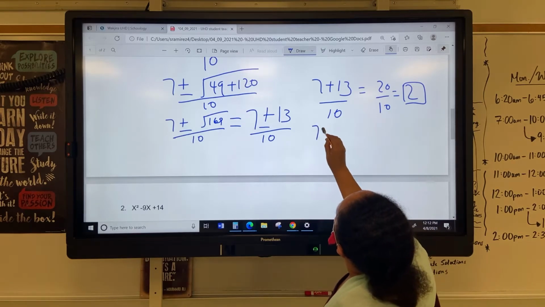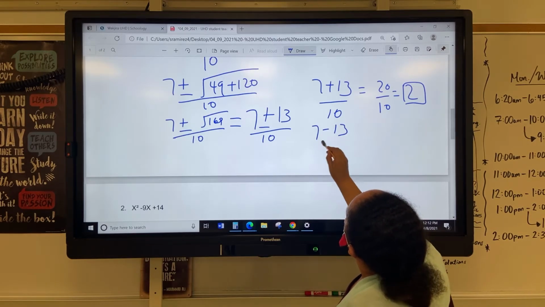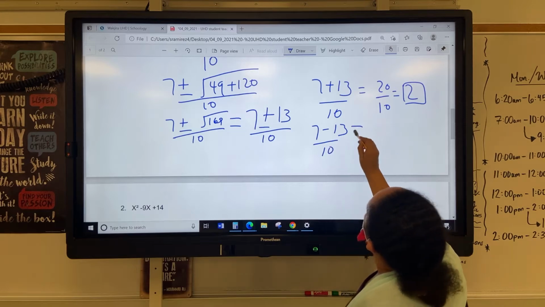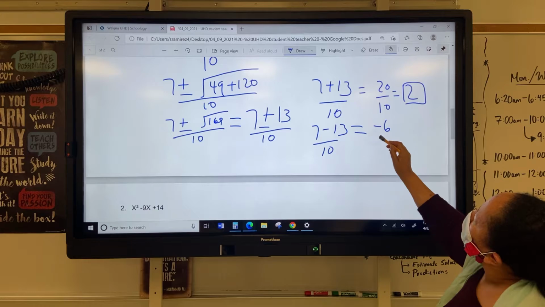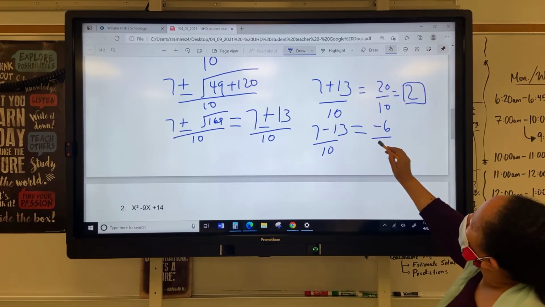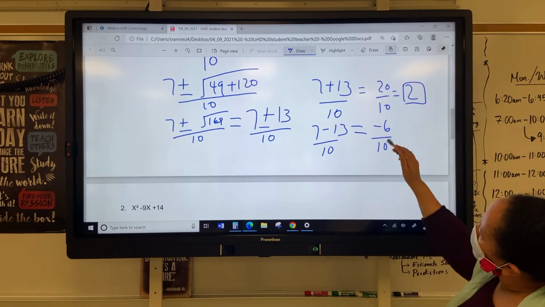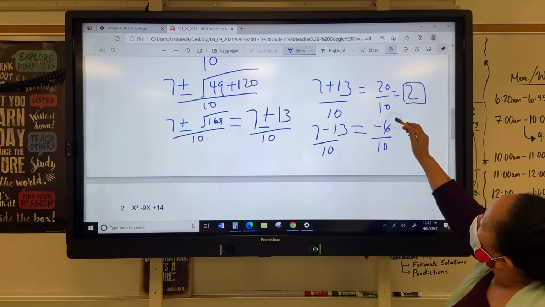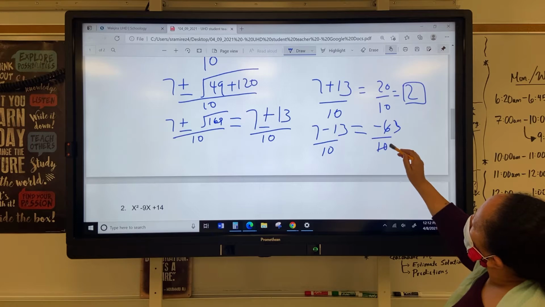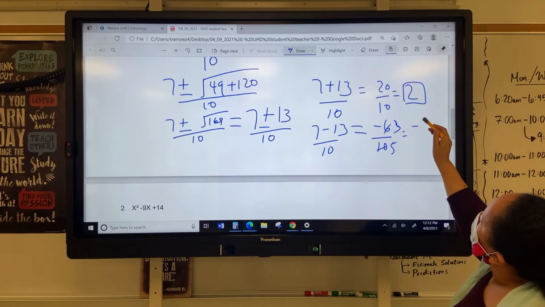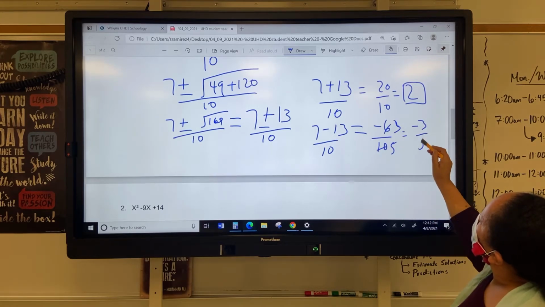7 minus 13 over 10 equals minus 6 on the top. That's the numerator. The denominator is 10. Now when you simplify this, divide by 2: 6 divided by 2 is 3, 10 divided by 2 is 5. So the answer will be minus 3 over 5.